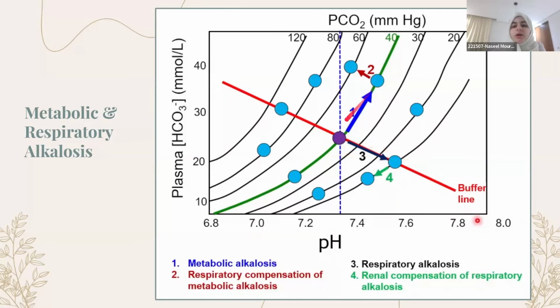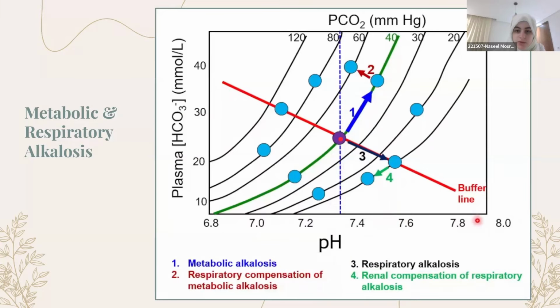So here you can see that the carbon dioxide is not changing. So your problem is coming from an increase in what? Bicarbonate. It goes here, and then in order to compensate that, you want to increase your carbon dioxide. And so you go from 40 to 60, and what happens to your pH? At first it was increased, and now it starts going back to normal. This is for metabolic alkalosis.